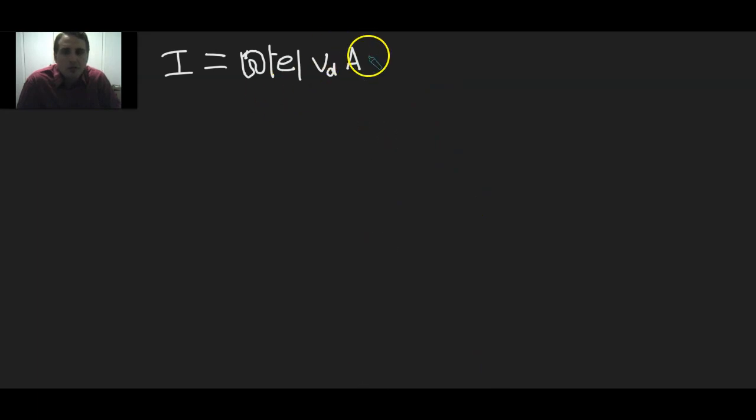So the drift velocity, Vd, should equal the electric current for the numerator, that's I, divided by the electron density.